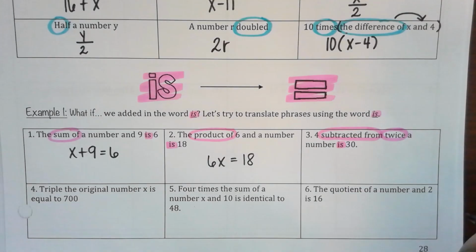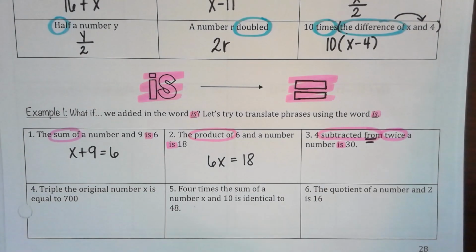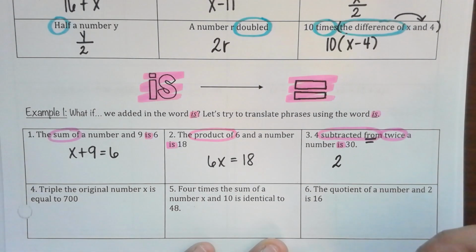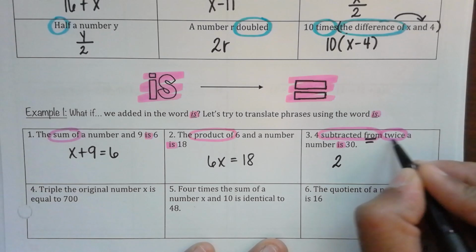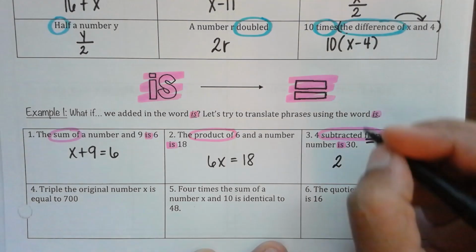Not quite. What tells me 4 doesn't go first? From. So what needs to actually go first? No, not quite. 2. Where did the 2 come from? Twice. That's multiplication by what number? 2. 2, what comes after that?